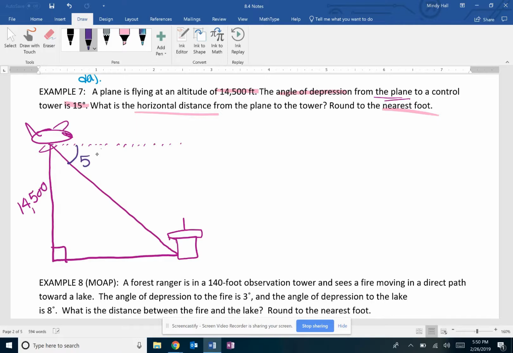So this angle is 15 degrees, not 52. Because we know that angle is 15, then we know this one down here is also 15 degrees because of alternate interior angles. So then to find our horizontal distance, we just have to set up another trig problem. So 14,500 is my opposite all the way across, and x is my adjacent.